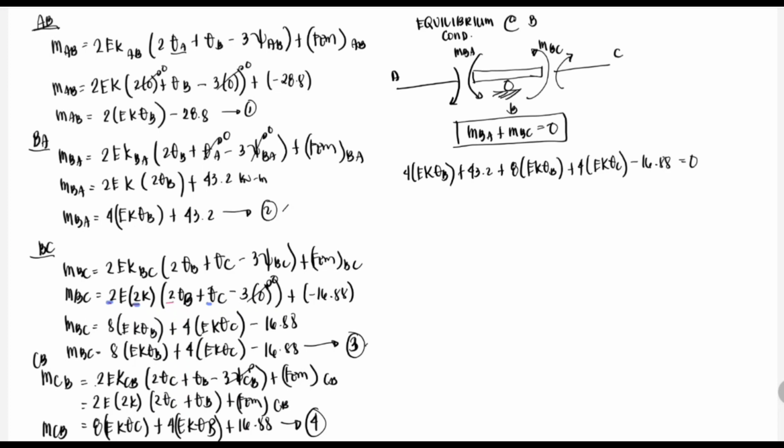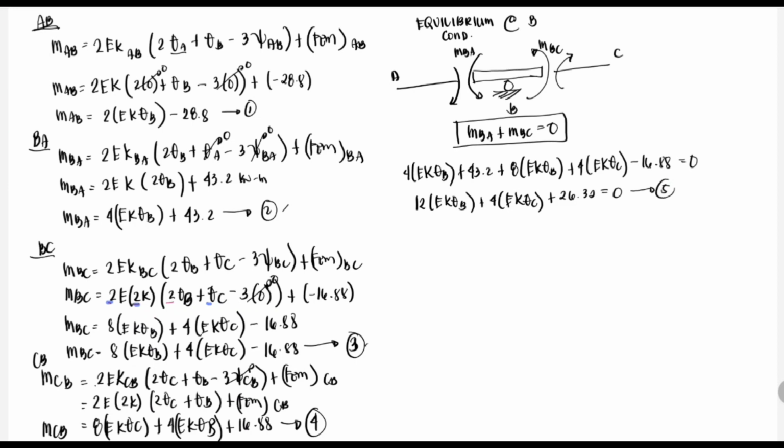Pagsamahin na natin yung mga magkakasama, which is yung 4 EK theta B and then 8 EK theta B. So that is 12 EK theta B. Next, we have plus 4 EK theta C. And then next, we have to add 43.2 plus negative 16.88. So we will be having 26.32 positive. That is equivalent to 0.